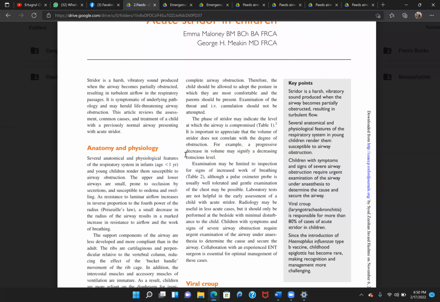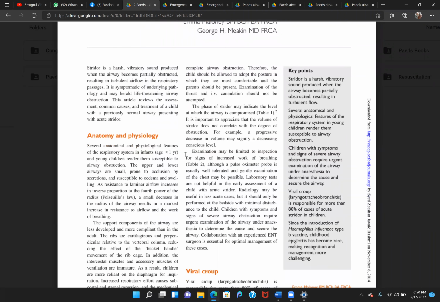If we start with the differential diagnosis, some of the things will need immediate management, otherwise the patient will not be able to survive and will have detrimental effects.